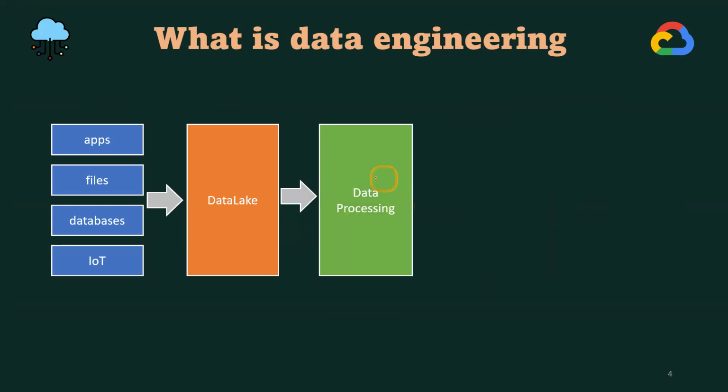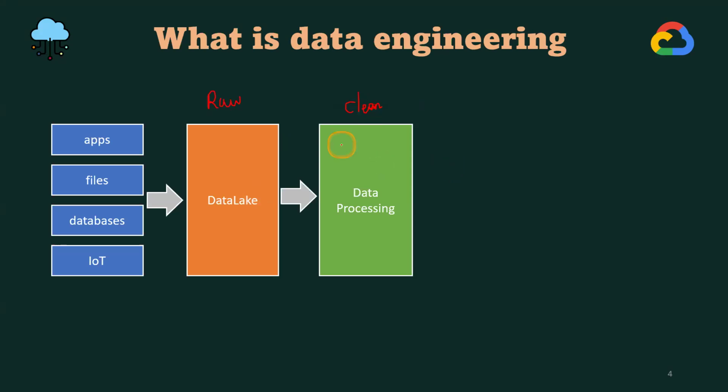So they are going to do the data processing. What is this data processing? Now we know that the raw data has a lot of problems, so we clean the data, we process the data, we enrich the data so that it will be in a proper cleaned format.